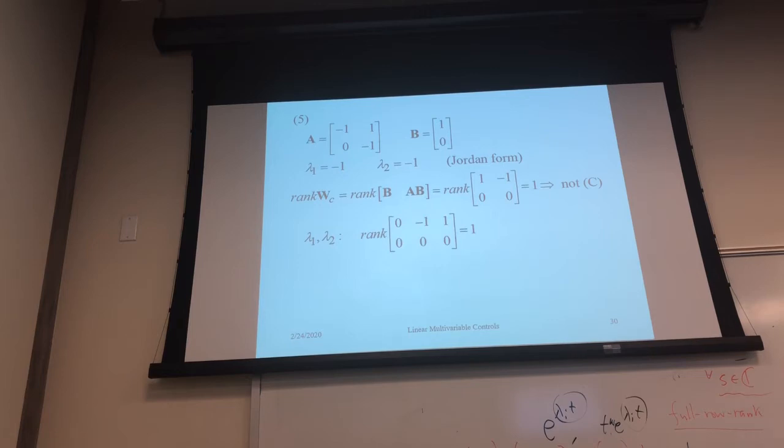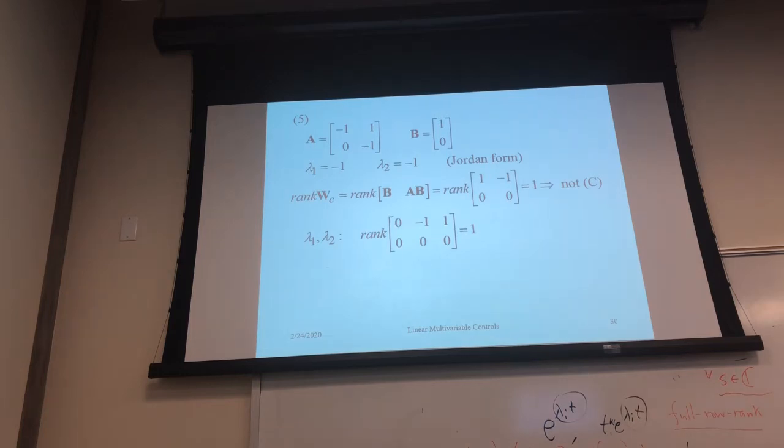But on the other hand, if I switch, if this is 1, this is 0, what's going to happen? Everything is controllable. Remember, we said that in a Jordan block, this is basically WB, after transformation.